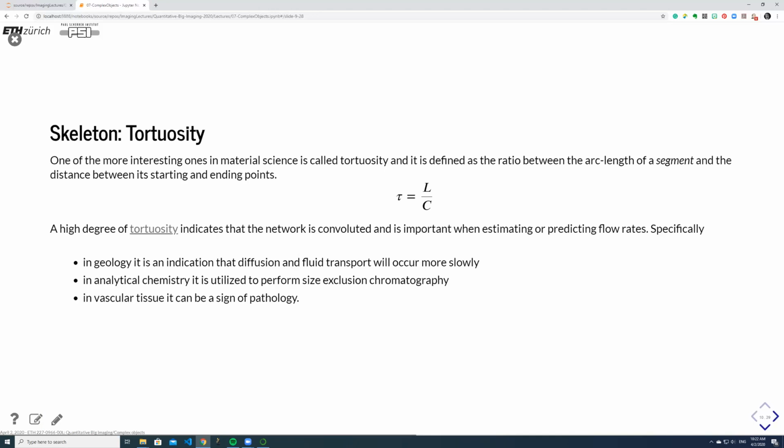Also, vascular tissue can be used as a sign of pathology in the medical application. So it is a good number to at least measure and see if it correlates with some other information that you are interested in.